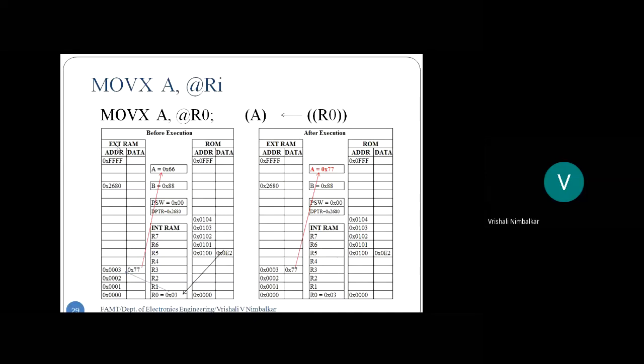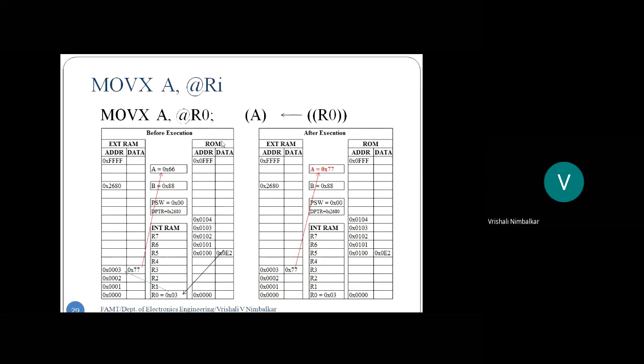External RAM is 64 KB, so the addresses go from 0000 to FFFF. So that is external RAM. In the middle, I have shown internal RAM, and only the registers I have shown, not the rest of the RAM. Internal RAM, I have only shown the registers. Right? Then that is the accumulator, B register, PSW, DPTR.